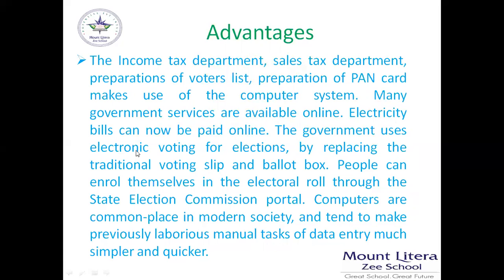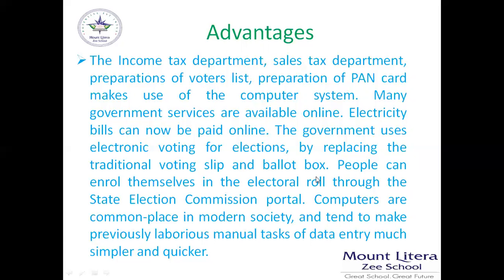The government uses electronic voting machines (EVM) for elections, replacing the traditional voting slips and ballot box. The people can enroll themselves in the electoral roll through the State Election Commission portal.